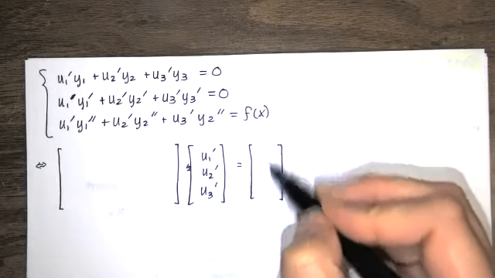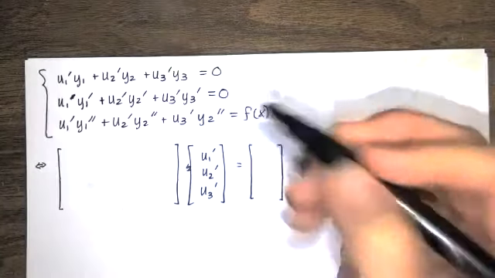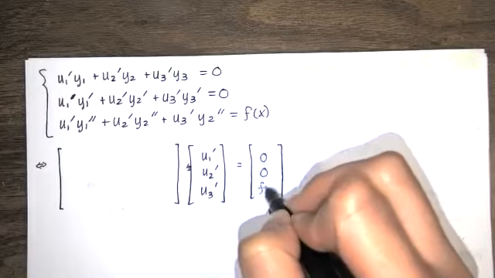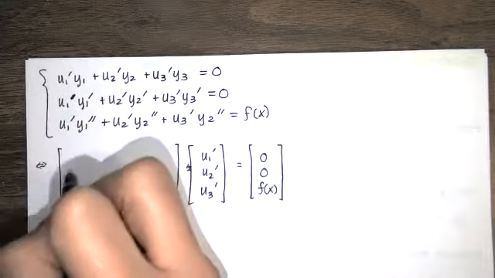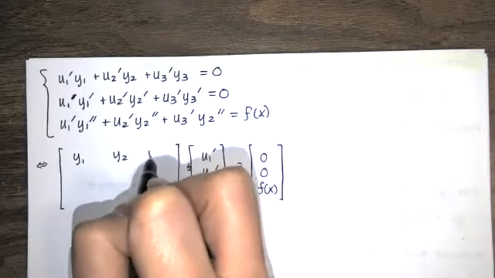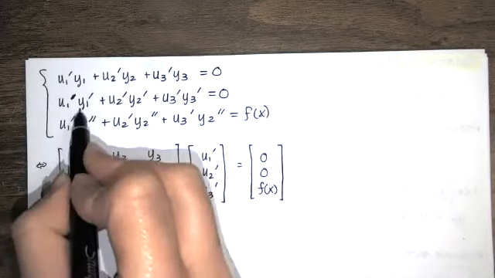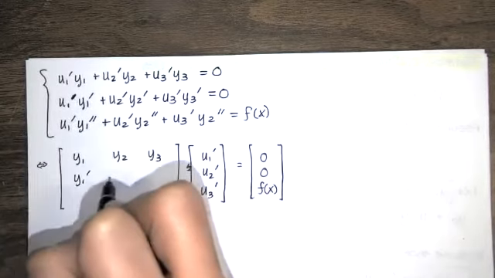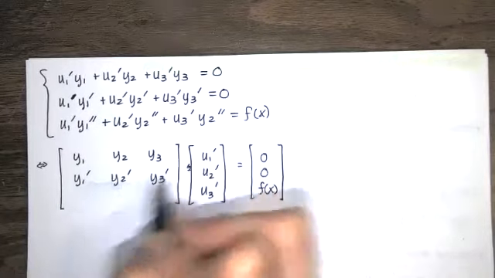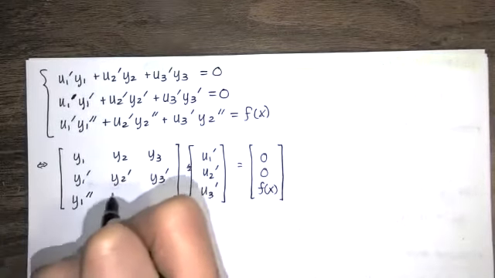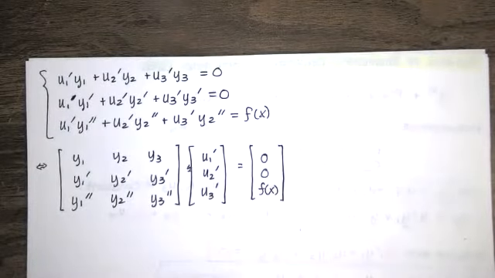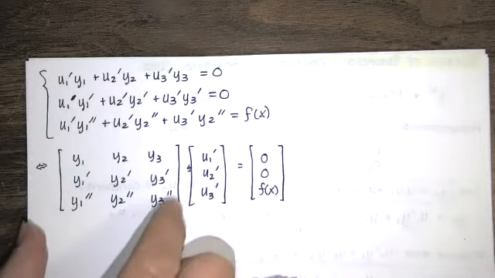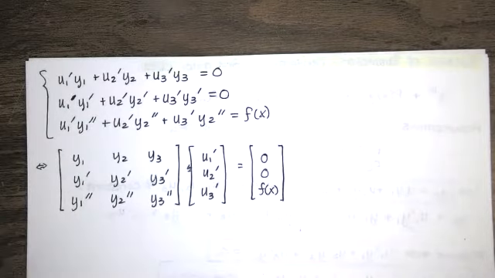The functions that go in this column vector are 0, 0, and f of x. And the coefficients are y1, y2, and y3. And then we've got y1 prime, y2 prime, and y3 prime. And y1 double prime, y2 double prime, and y3 double prime. So this times this equals that. And notice that that matrix, when you take its determinant, that's the Wronskian of those 3 linearly independent functions, y1, y2, and y3.